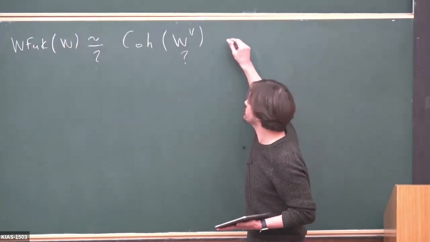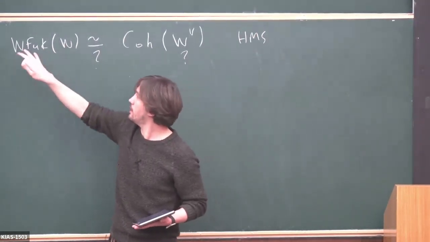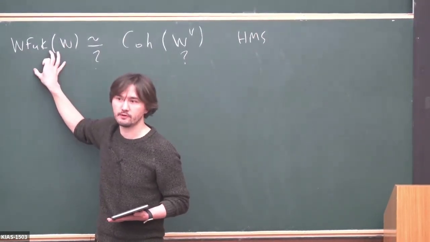So this is the homological mirror conjecture. So of course, this is understanding the A side of this.